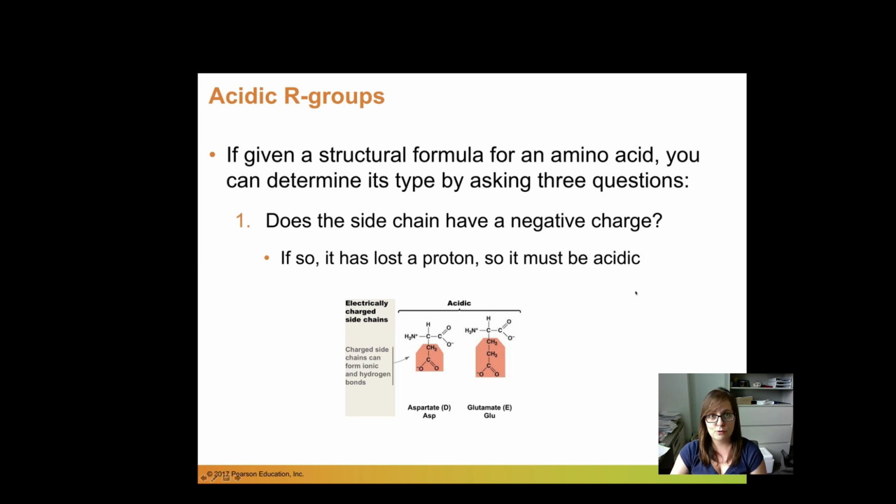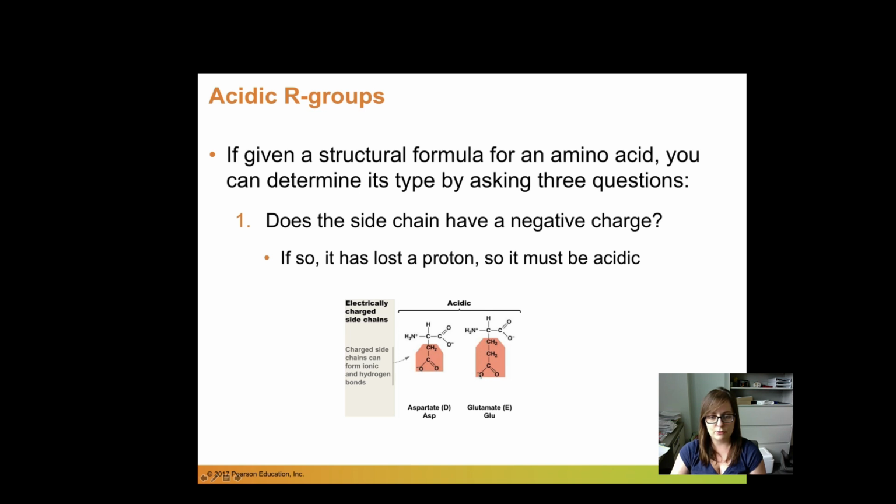The first question you might want to ask is, does the side chain have a negative charge? If so, it has lost a proton, so it must be acidic. Here is aspartate. We have the amino group, central carbon, carboxyl group, and here's the side chain. You see that this oxygen has given up a proton into solution, so it has a negative charge.